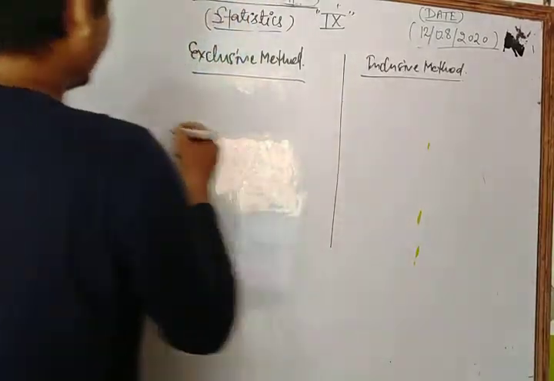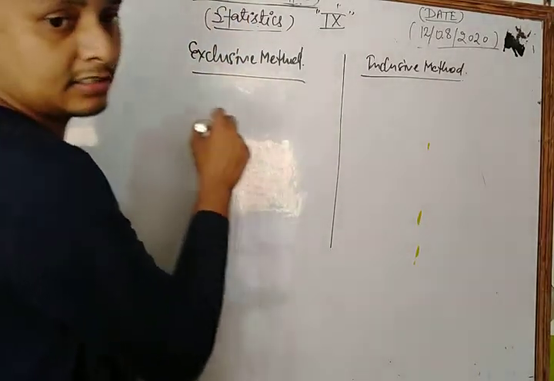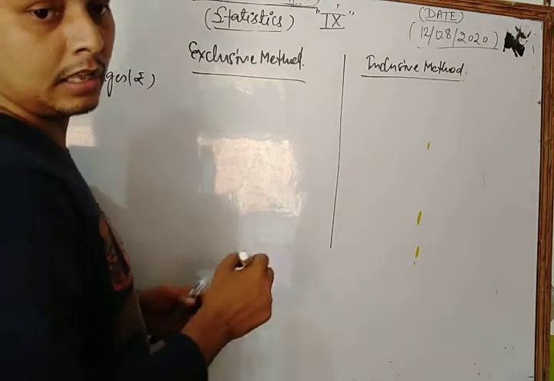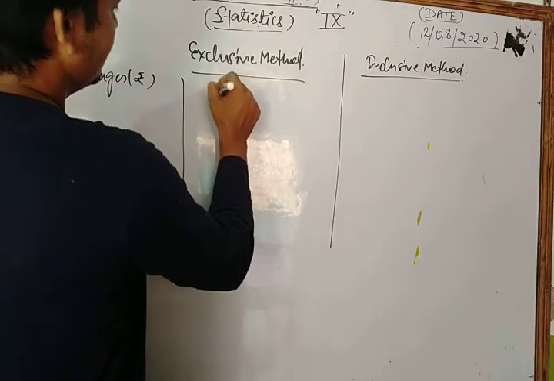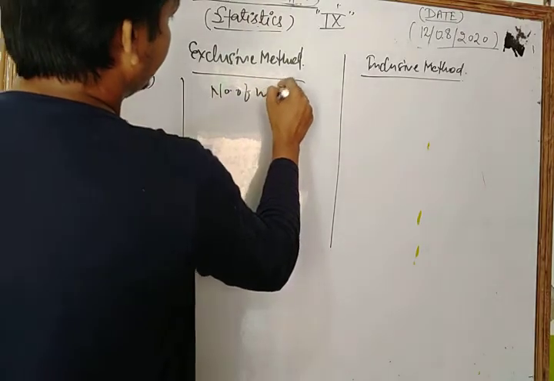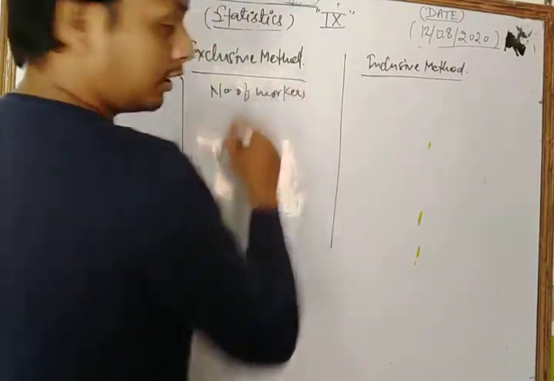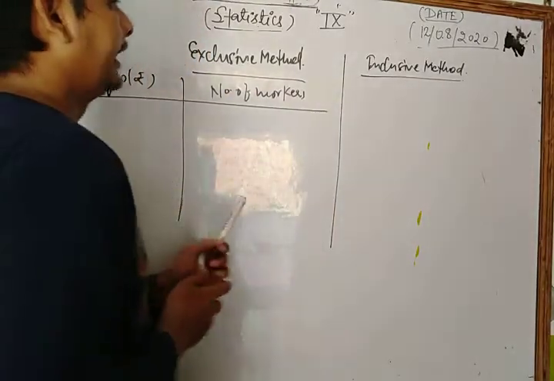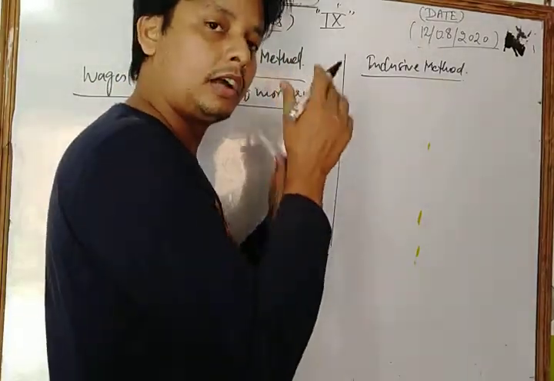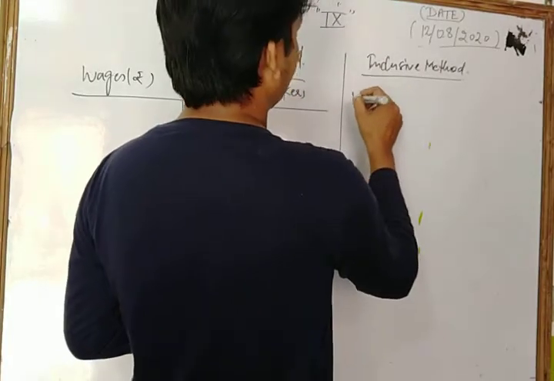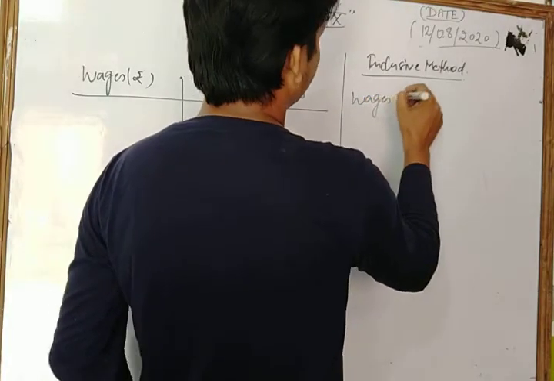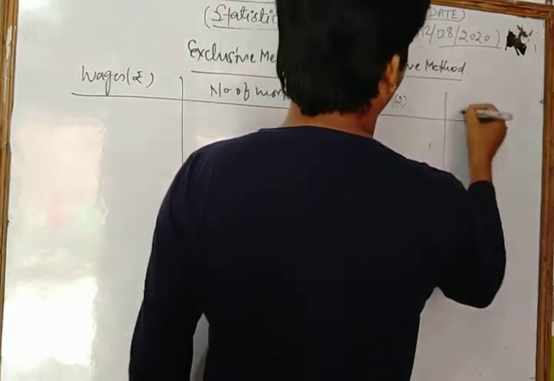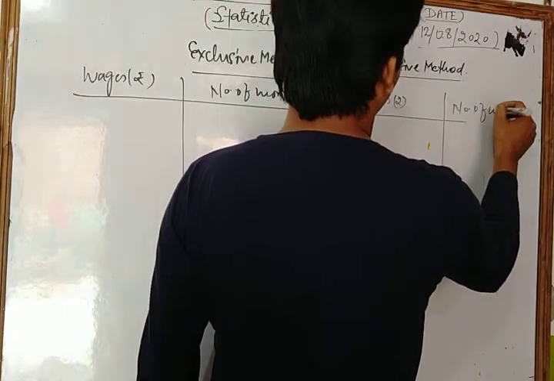First, in the exclusive method, we write wages, that is wages in rupees, and number of workers. Now in the inclusive method, for the same question, we take wages in rupees and number of workers.